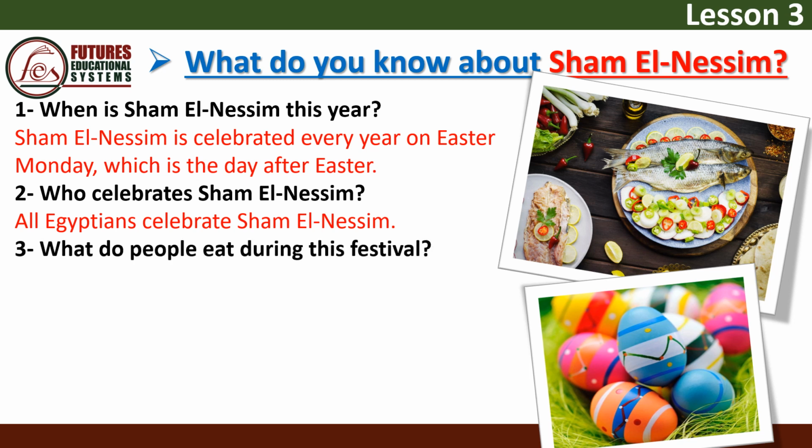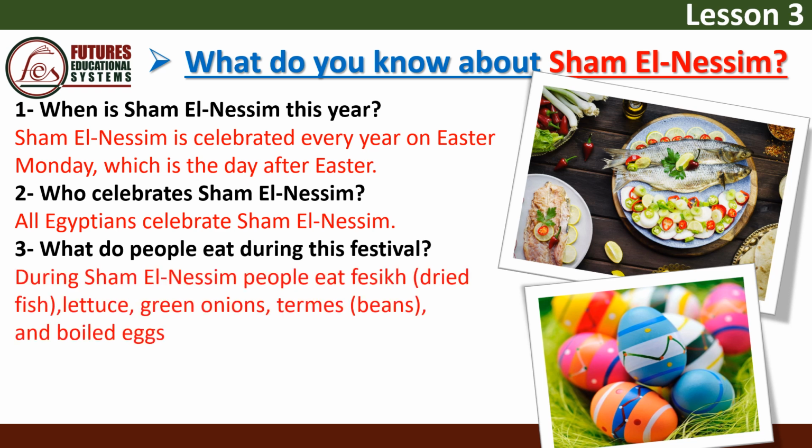What do people eat during this festival? I know that you all know that. During Sham al-Nasim, people eat fasikh, which is dried fish, ringa also, lettuce, green onions, tirmis, which is a specific kind of beans, and boiled eggs.